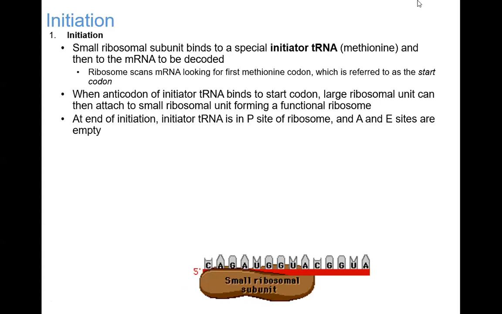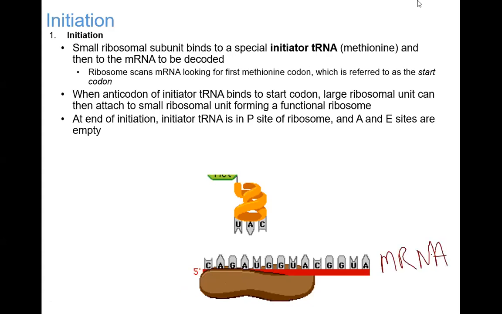Okay, so what we see here at the bottom is your messenger RNA. This is what's known as the small subunit of the ribosome. There is always a segment on the messenger RNA that is the start codon, or the initiator, and it's always for the same amino acid, methionine.